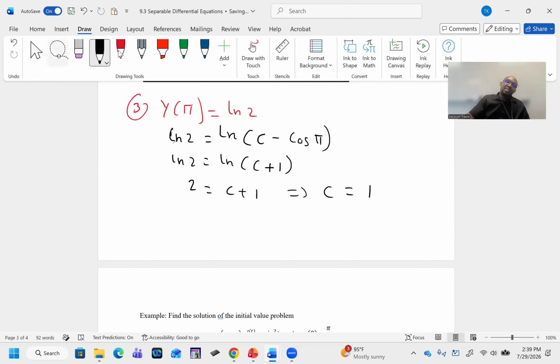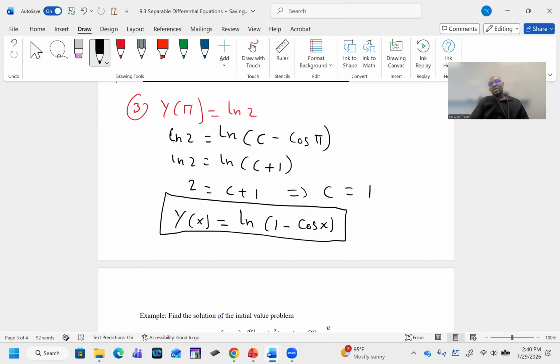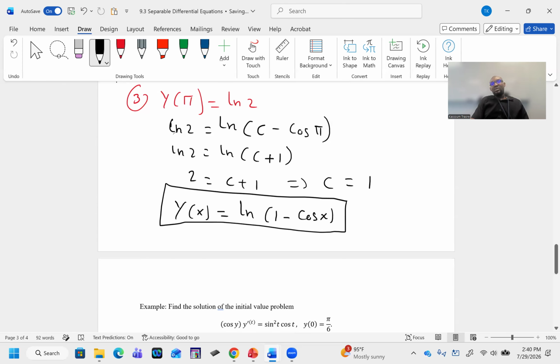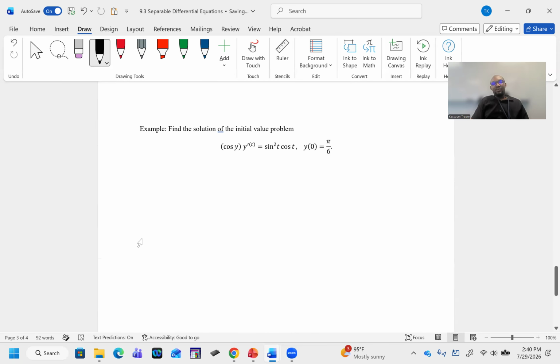So in that case, my initial solution will be y of x is equal to ln of 1 minus cosine of x, and that's it. Right? Let's do the last problem for this section.